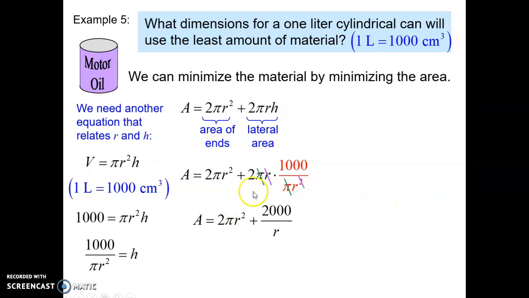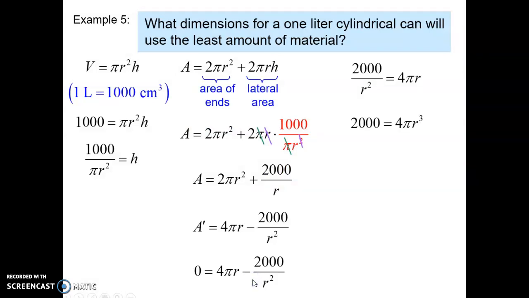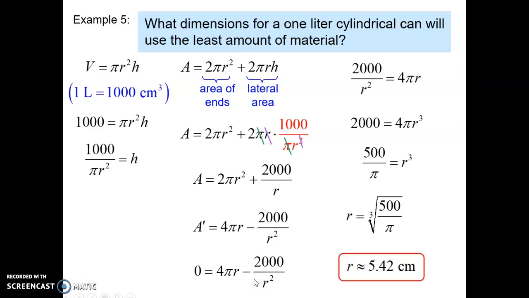If you notice, I have this equation for surface area in terms of just two variables, the area and the radius. Now I take the derivative with respect to r. I set that derivative equal to 0. I solve for r, and I get this value.